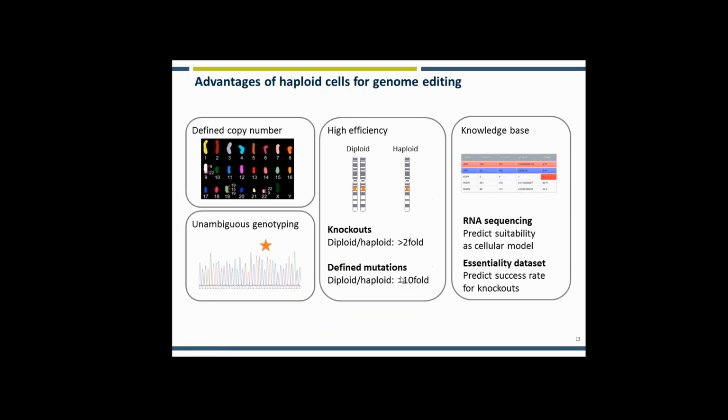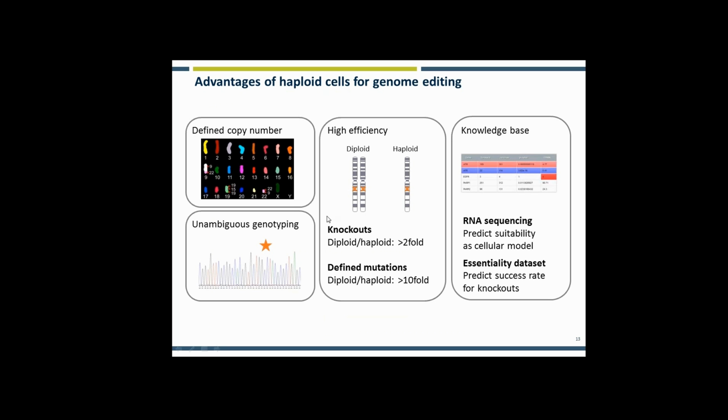cell line. And so what this means is that we now have an extremely efficient, easy to use and robust genome editing system in the form of CRISPR, but we also have a highly efficient model in which we can generate knockouts. And so if we combine these two, we can generate a high number of knockouts in a very scalable and cost-effective way. And actually, to date, we've generated over 1,500 knockout cell lines using this cell line.